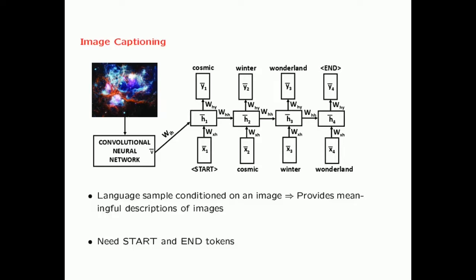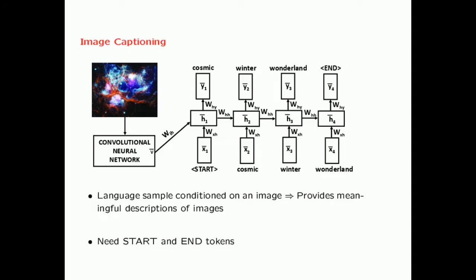What you do is hook up a recurrent neural network with a convolutional neural network, and it's important to train both of the two networks together. For your pairs of images and captions, you continually train both the convolutional neural network and the recurrent neural network together. Here you will note that I have a start and end token too.